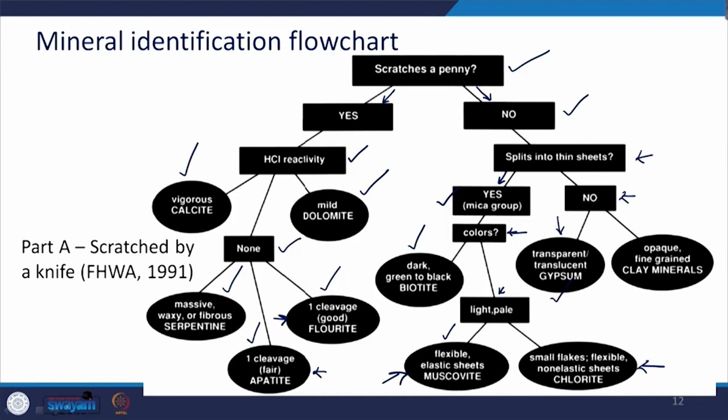If it is opaque and fine grained, then we can confidently say that this is the clay mineral. Okay. Now, coming to the second part of this flow chart, that is when the mineral is not scratched by a knife. Okay.